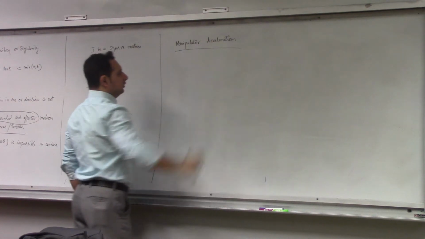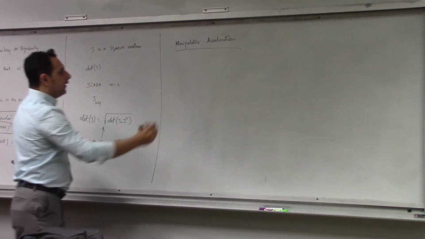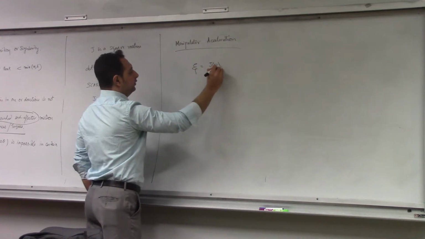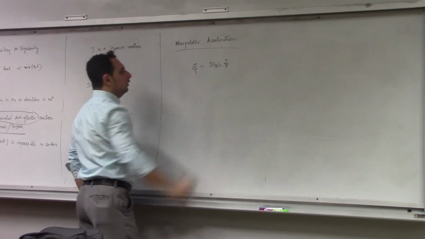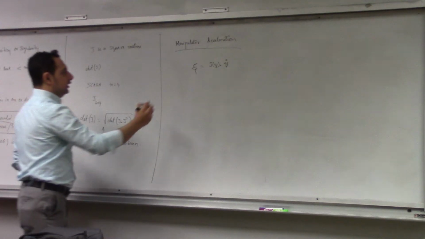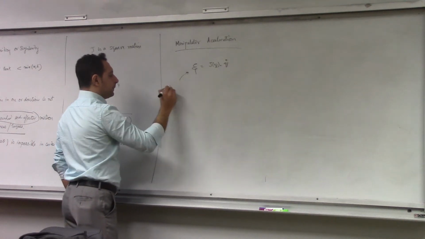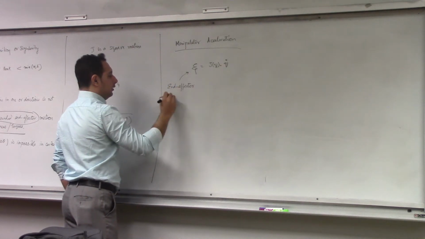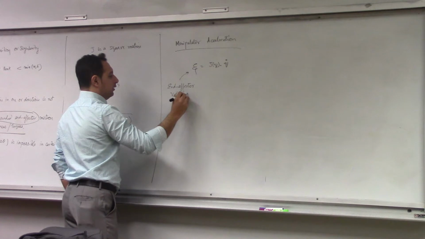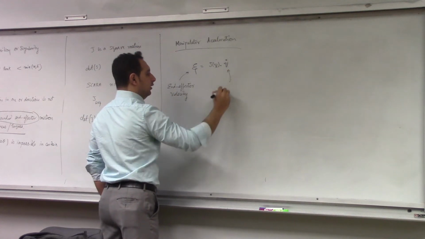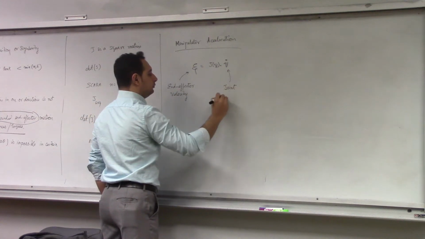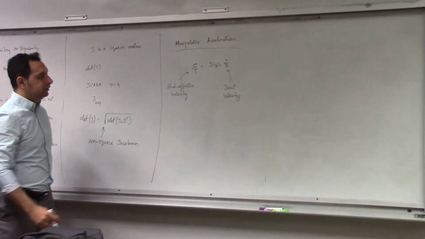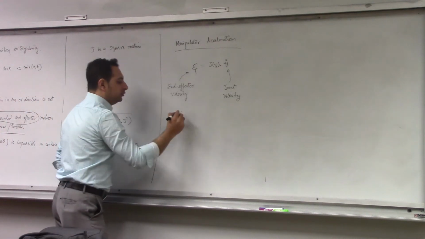And it has its own challenges. So we know that eta dot is equal to J of q times q dot, right? This is the end effector velocity, and this is your joint velocity. Now if I want to find acceleration, which is eta double dot, I'll have to differentiate this with time.